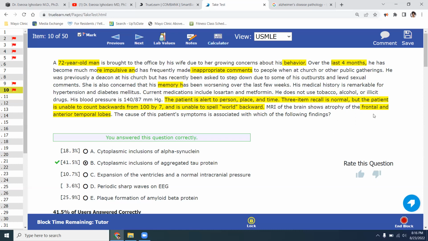It's not Alzheimer's disease, because if it was, the patient would have difficulties with 3-item recall. It's not really fitting a vascular dementia type process. Blood pressure is mildly elevated, but not too high. He's only on 1 blood pressure medication. His MRI doesn't show evidence of chronic infarcts, so that makes that less likely. This is not fitting a prion disease, given that it's a chronic process happening over 4 months.